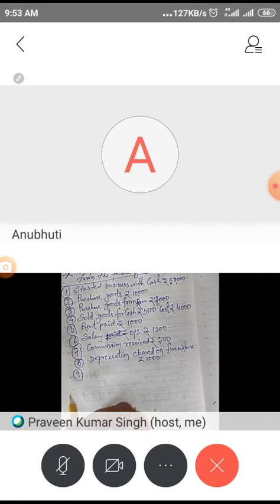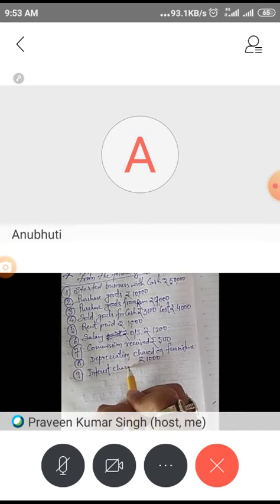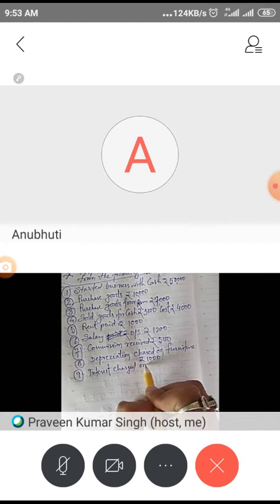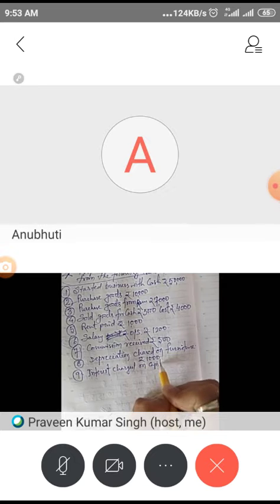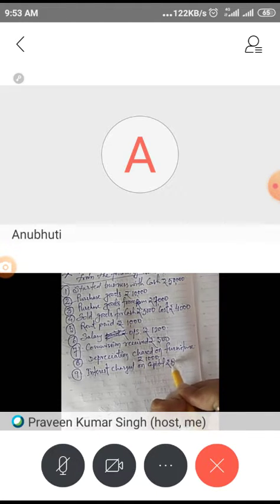Now ninth transaction is interest charged on capital rupees 8,800.